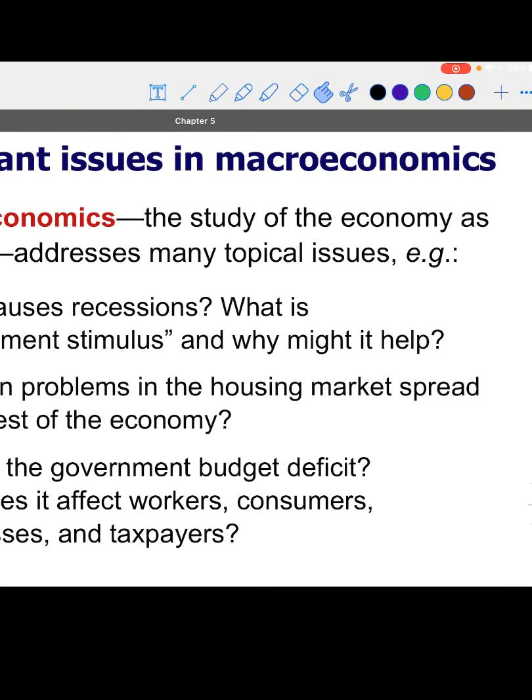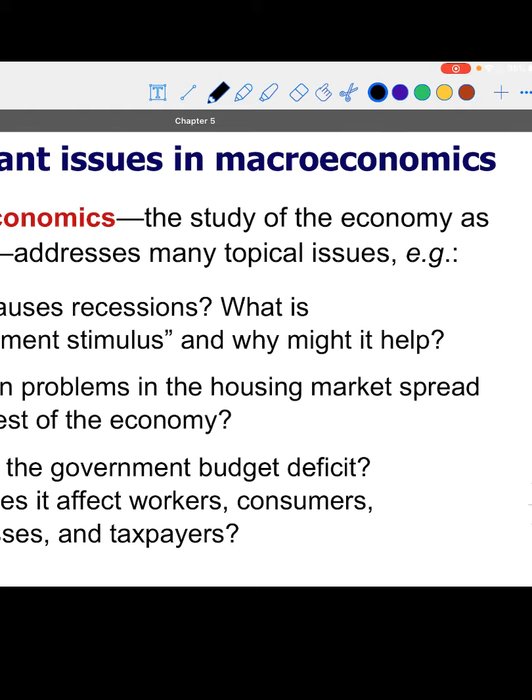At its most basic level, let's just remind ourselves of what macroeconomics is. Macroeconomics is, again, the study of the economy as a whole. These would be some of the questions you could imagine one asking. They would all be macroeconomic questions.